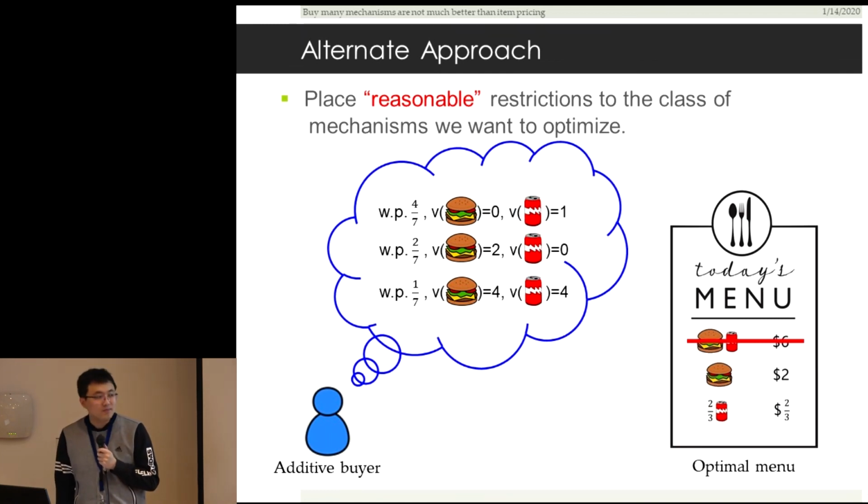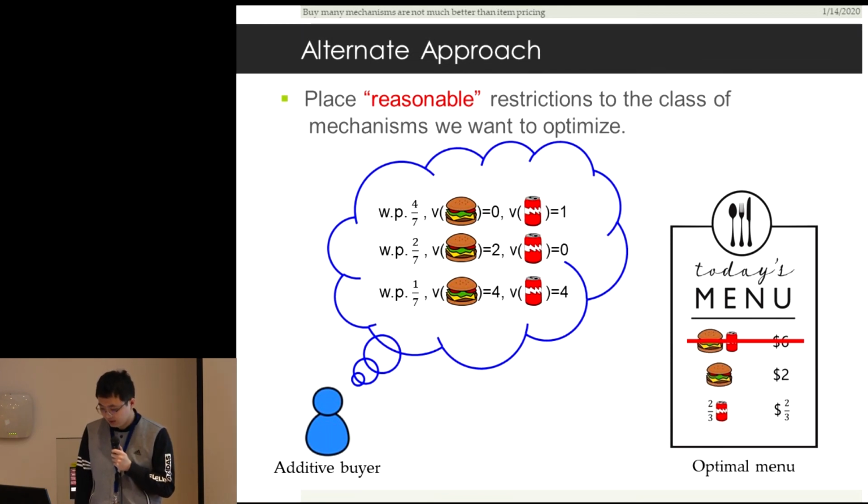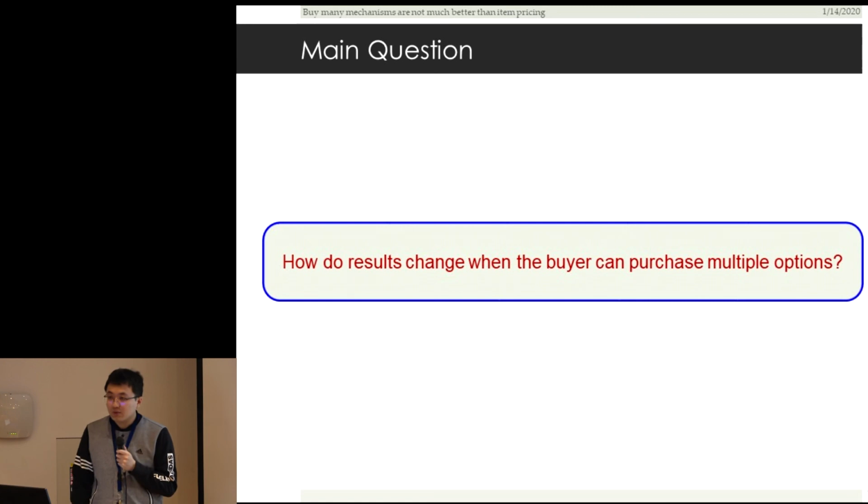Each time I pay 2/3 and get the drink with probability 2/3, so in expectation, to get a drink, I only need to pay $1. In this way, we still get the sandwich and drink for $3, which is cheaper than the first menu entry. So the question we want to ask here is how the previous results for multi-item mechanisms would change when the buyer is allowed to purchase multiple menu options.